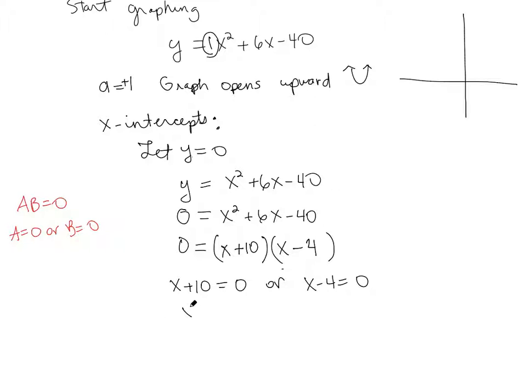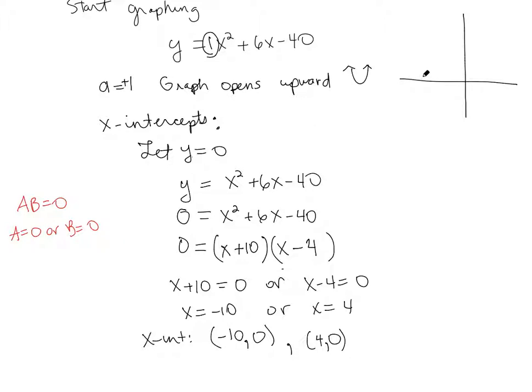This is equivalent to saying that x is equal to negative 10, or x is 4. So the x-intercepts are the points with an x-coordinate of negative 10 and an x-coordinate of 4, and of course their y-coordinates are 0.